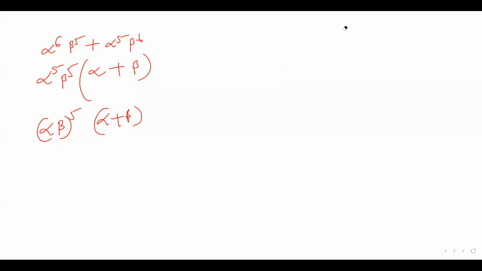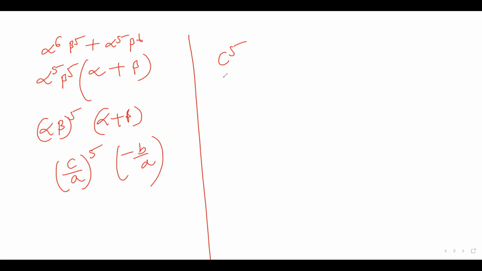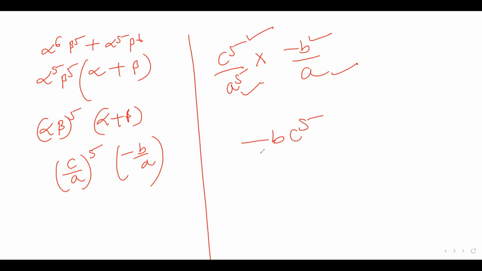Substitute the values. Product is c by a. Sum is minus b by a. C power 5 by a power 5 into minus b by a. Numerator into numerator, denominator into denominator. So you will get minus b c power 5 by a power 5 into a is a power 6. That's it.